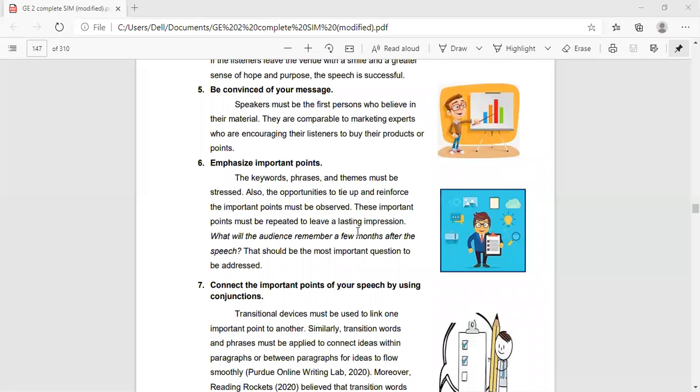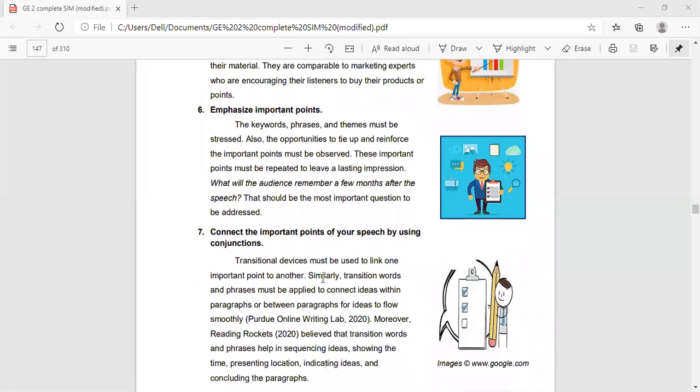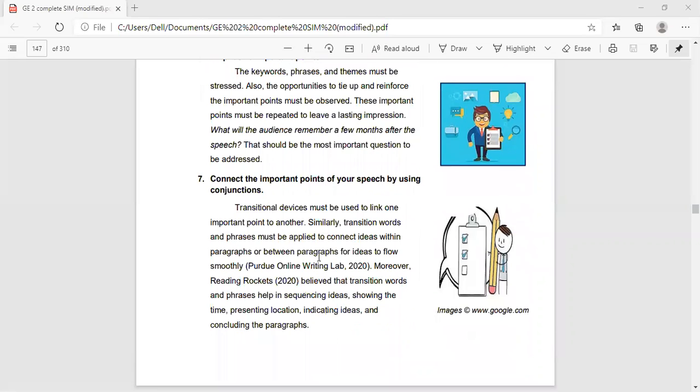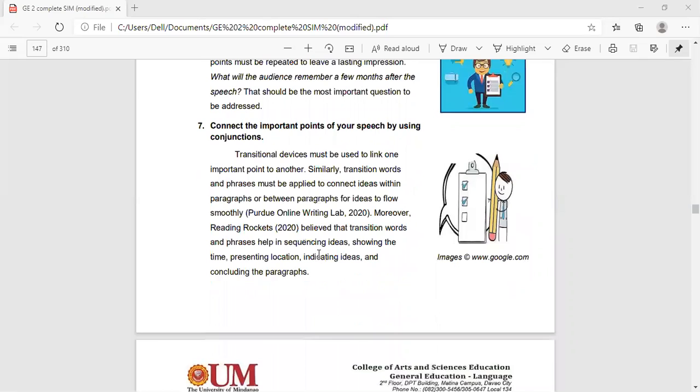Okay, number 7, connect the important points of your speech by using conjunctions. Mo ni kasagaran ako napansin sa inyong mga extempo. Walay mga transitional devices. Okay, transitional devices must be used to link one important point to the other. Similarly, transitional words and phrases must be applied to connect ideas within the paragraphs or between paragraphs for ideas to flow smoothly.